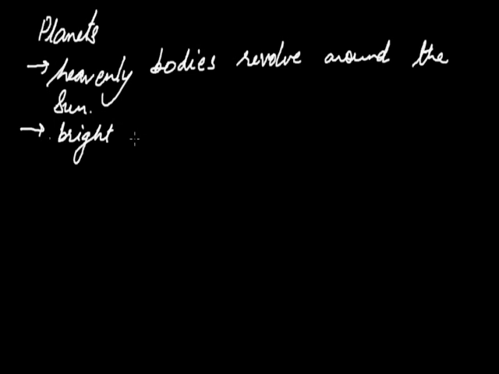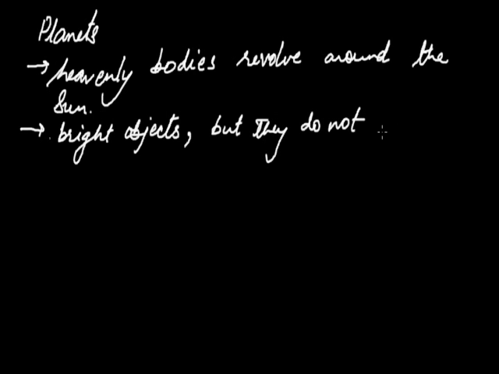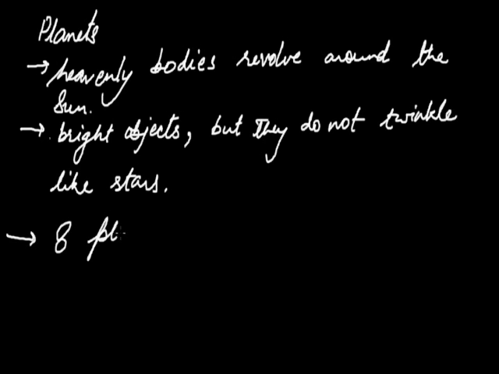Bright objects these are, but they do not twinkle like stars. There are 8 planets in the solar system.